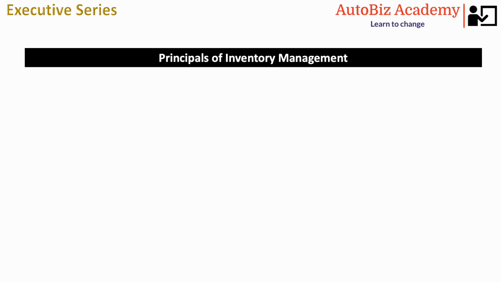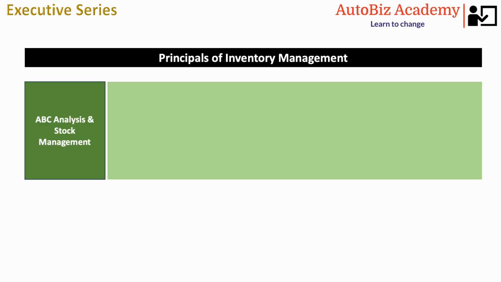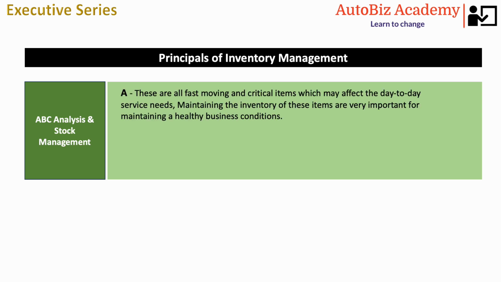Let us understand the principles of inventory management. Spare parts inventory is categorized into three categories: A, B, and C. So ABC analysis and stock management, let us learn. What is A? These are all fast moving and critical items which may affect the day-to-day service needs.